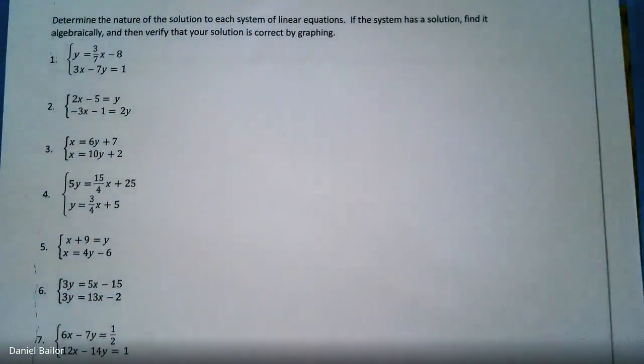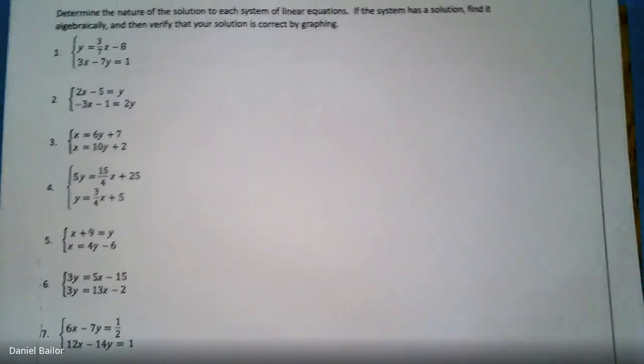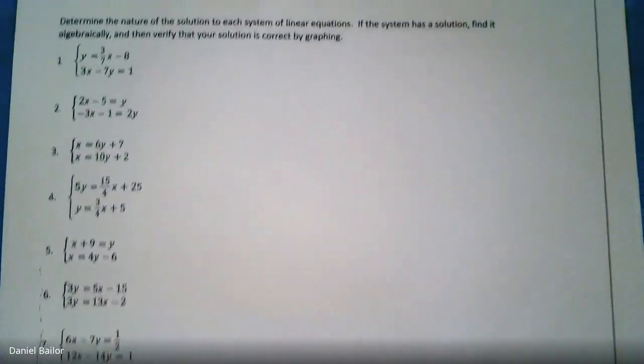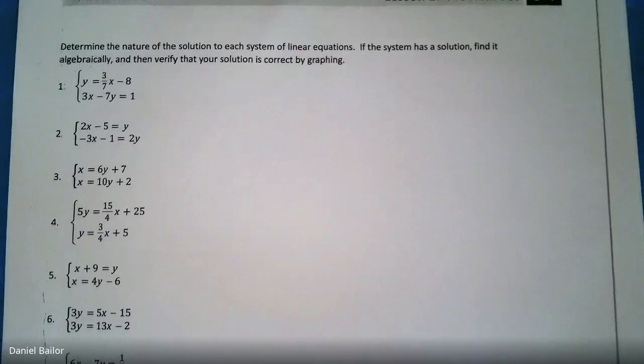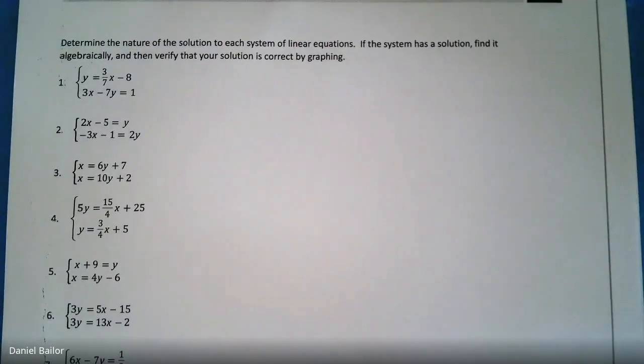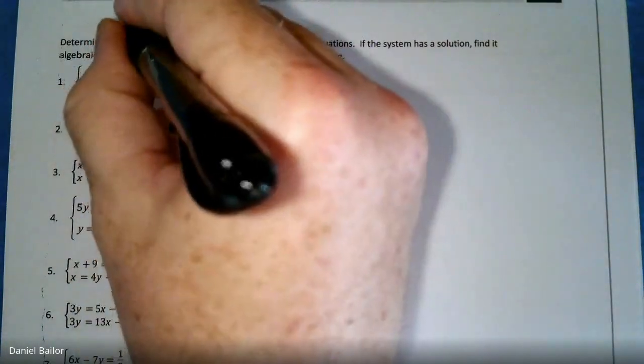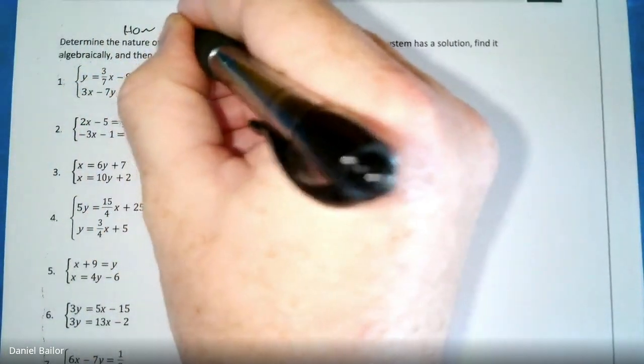And then page 345, you have the problem set. There are 11 questions on this problem set, and it's asking you to find the same thing we just did together in the exercises. How many solutions?